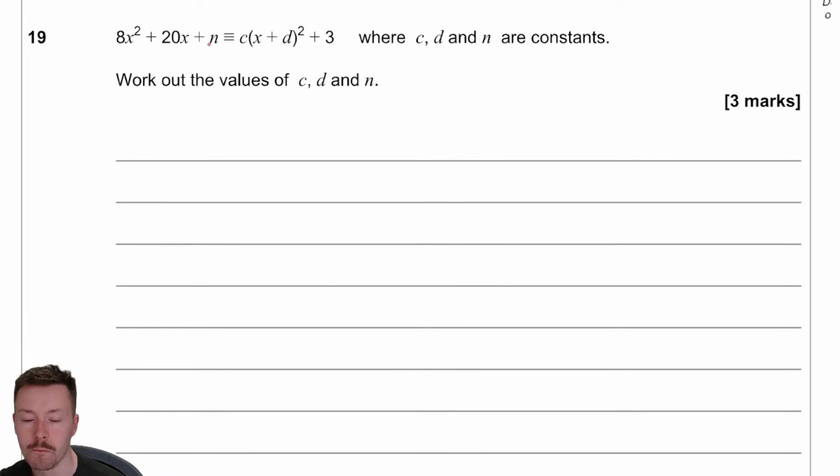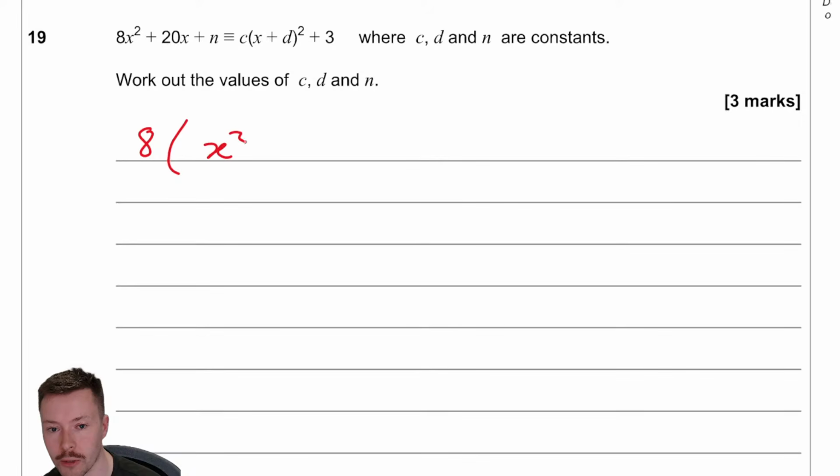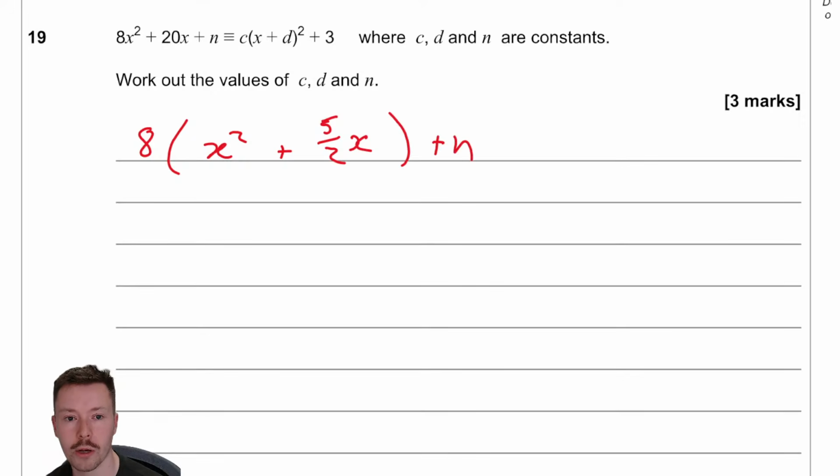Right, this one, completing the square. So, I'm going to complete the square on the first bit. I need to take out the factor of 8 though, which is a bit annoying because 20 over 8 simplifies to 10 over 4, divide by 2, 5 over 2. Okay, 5 over 2 x plus n, which is not great. I'm going to change these to square brackets as well, just to separate it out a little more visually. 2.5 times 8, yeah, that's 20. Right, next bit, 8, and then complete the square here.